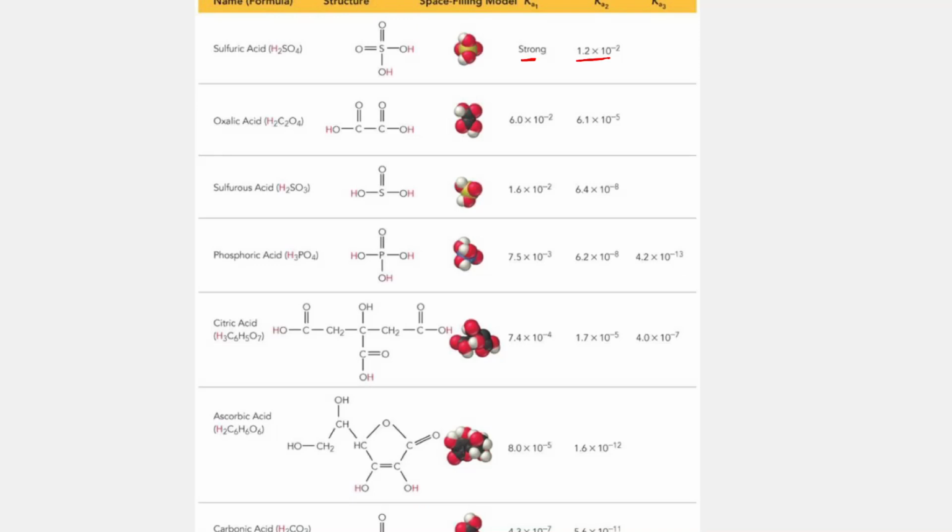So let's say phosphoric acid. Notice the second one: we're typically changing by 5 to 6 orders of magnitude.